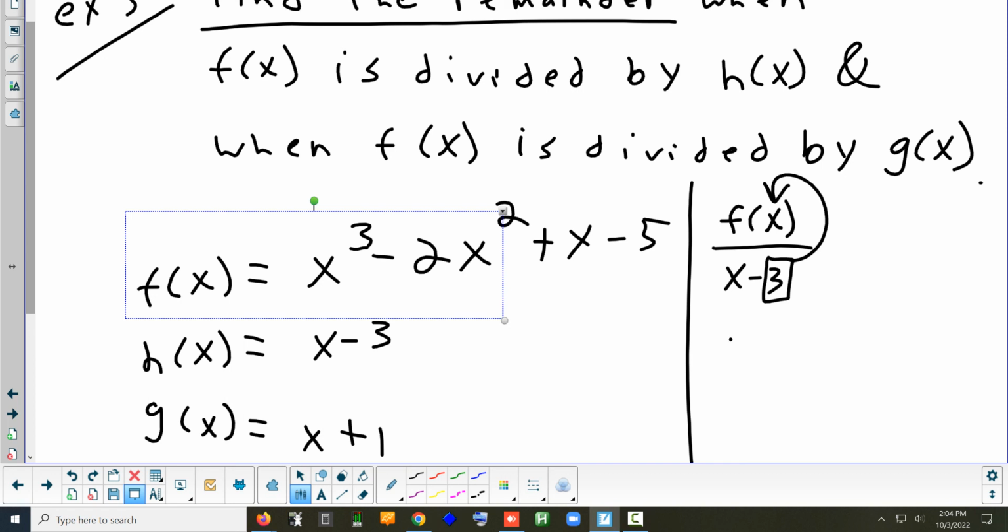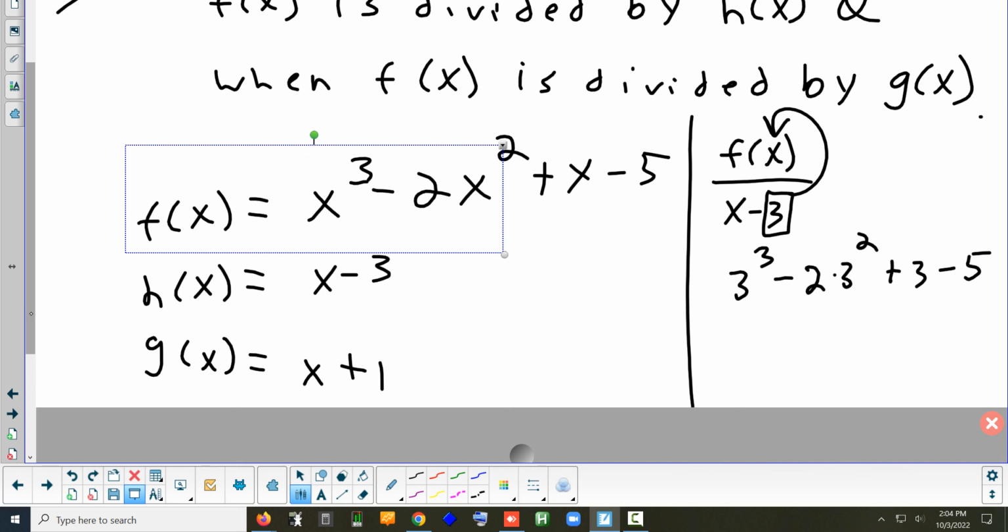So that's going to give us 3 cubed minus 2 times 3 squared plus 3 minus 5. Okay, we'll just go through it. Grady, what's 3 cubed? 27. So 27 minus 3 squared is 9.